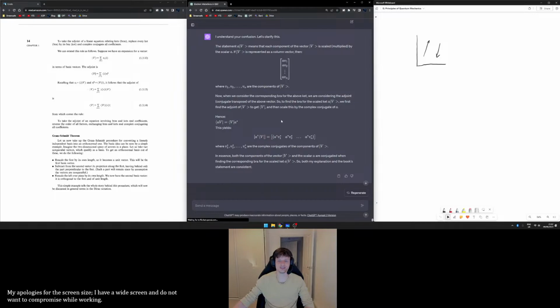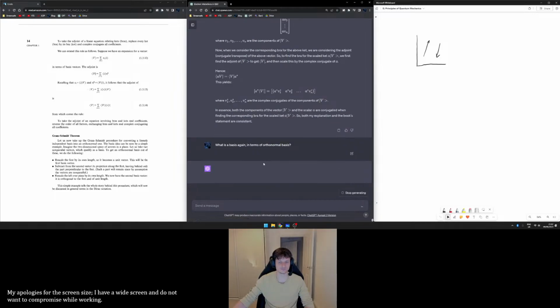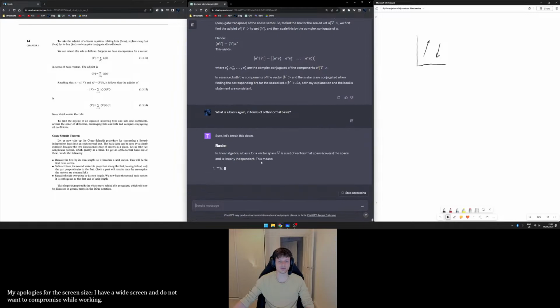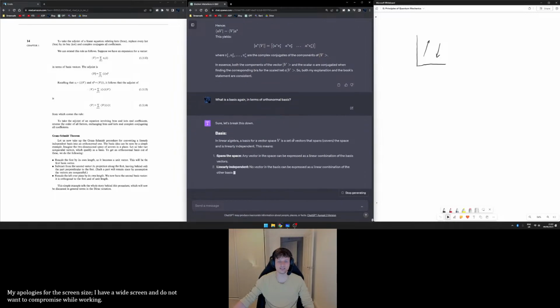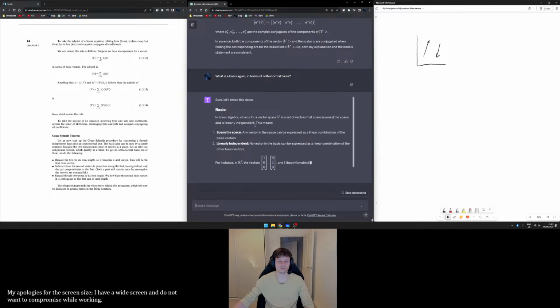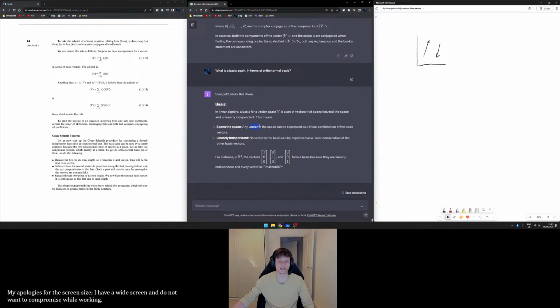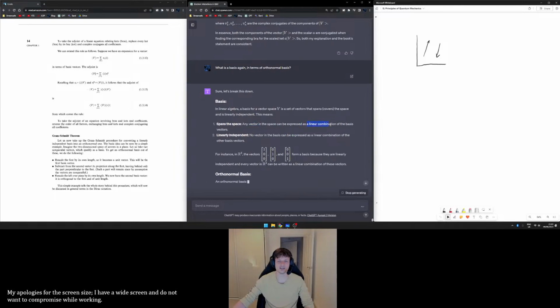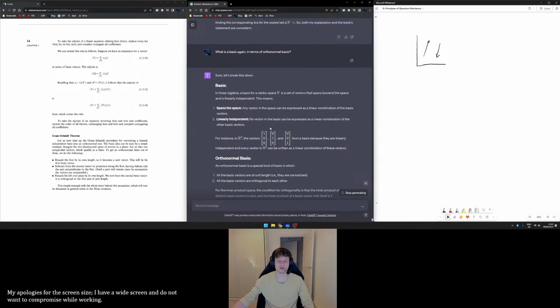Let's just get a quick reading of this. In linear algebra, a basis for a vector space is a set of vectors that spans the space and is linearly independent. This means any vector in the space can be expressed as a linear combination of the basis vectors. No vector in the basis can be expressed as a linear combination of the other basis vectors.